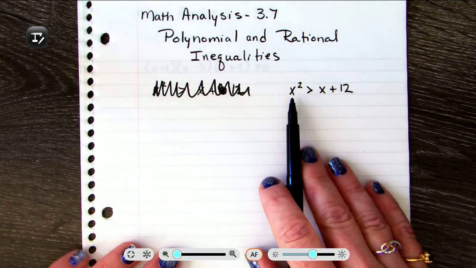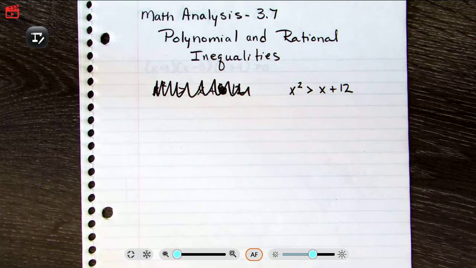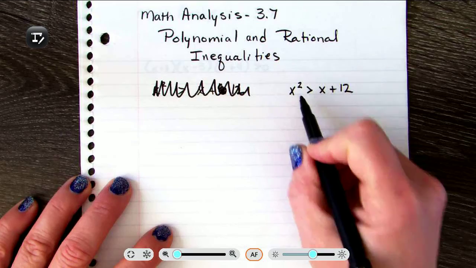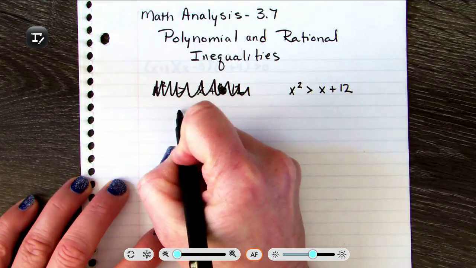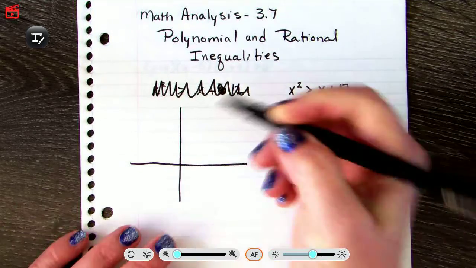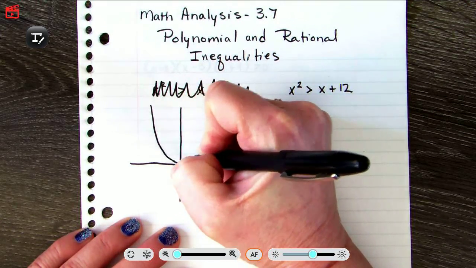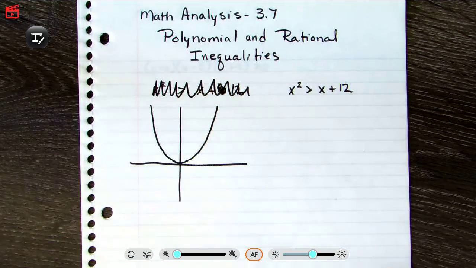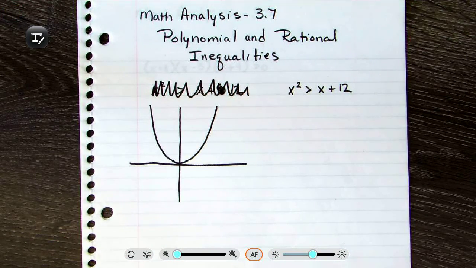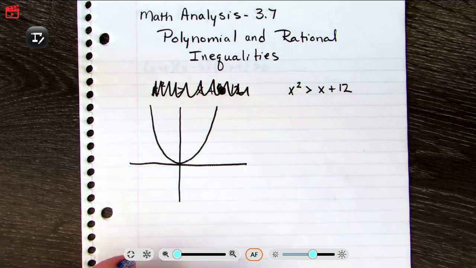So first of all, I'm going to look at each side separately, and I'm going to do these graphically. So I'm going to look at x squared, which we all know is our beautiful quadratic with a vertex at the origin. So this is y equals x squared sitting right there.